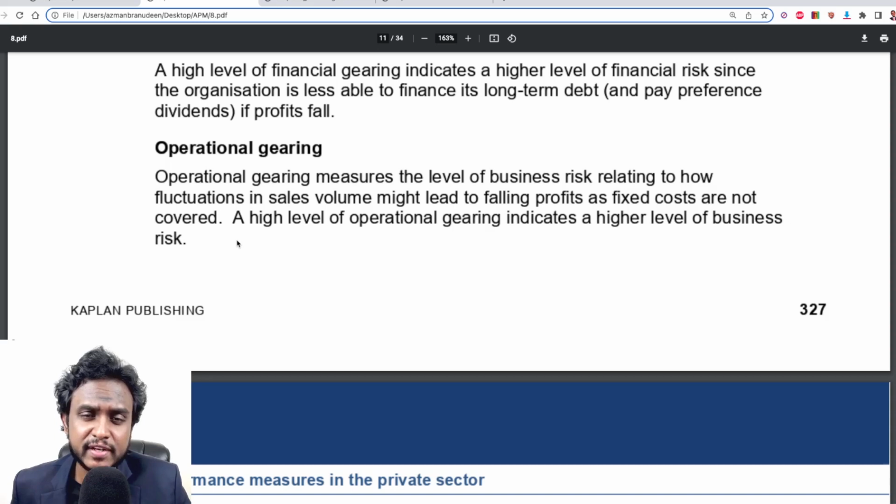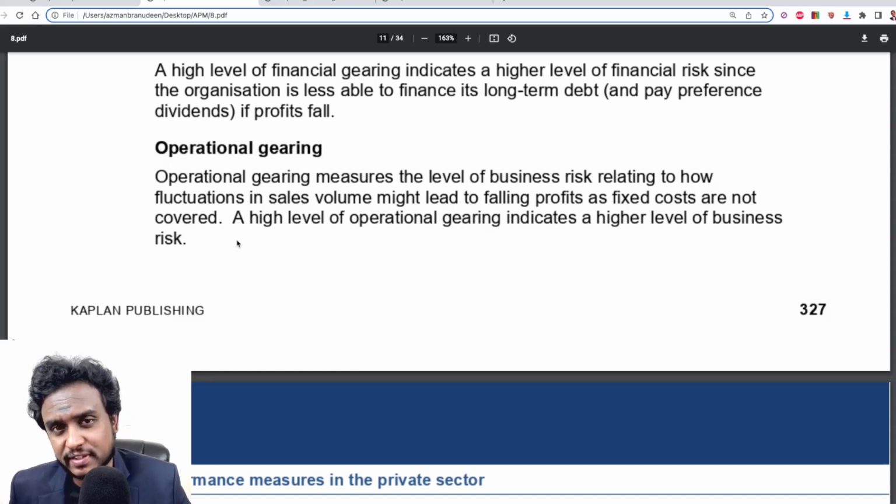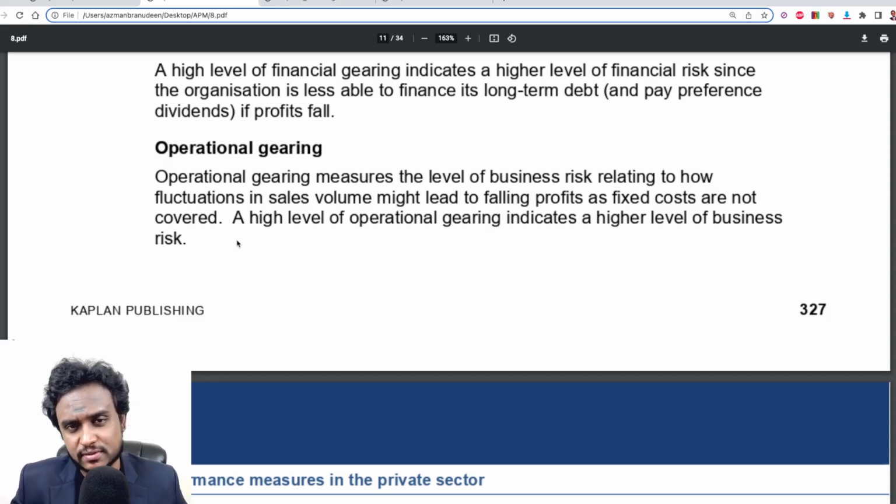Despite whether you sell more or sell less, you have to pay your rent. You have to pay that fixed component of your communication bills, or power or electricity, and your employee salaries. So all those fixed overheads and fixed costs have to be honored, whether you sell 1 unit or 100 or 1,000 or 5,000, doesn't matter.